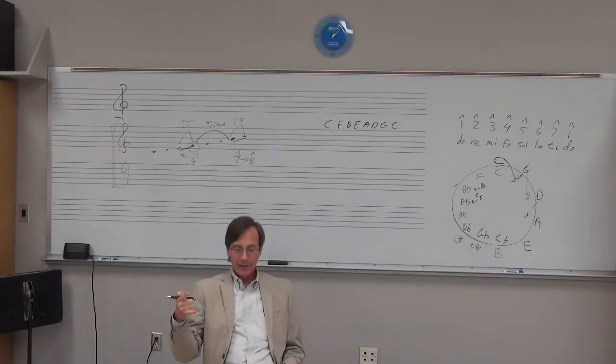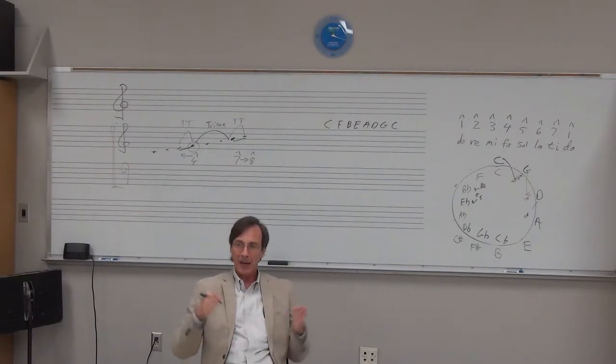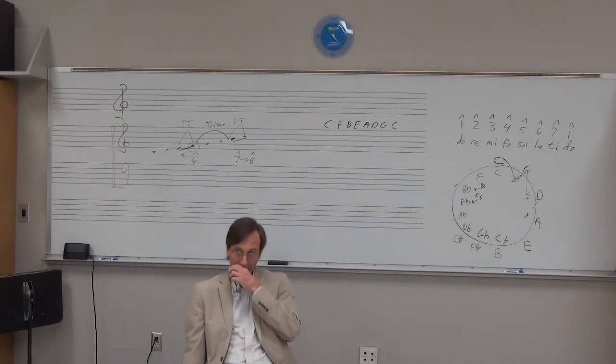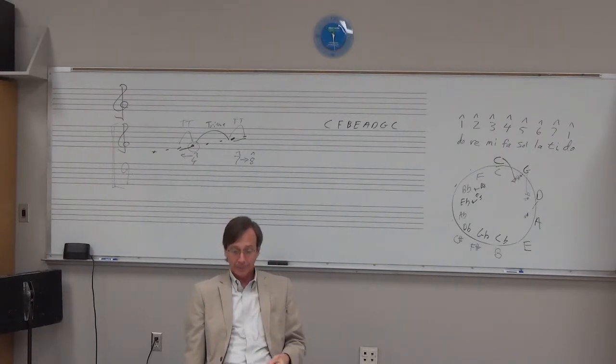Well, F to D is a major sixth. F to D flat is a minor sixth. So F flat to D flat is expanded again, a major sixth. Or both tones lowered a half step, from F natural to D natural. Exactly. So it still would be a major sixth.